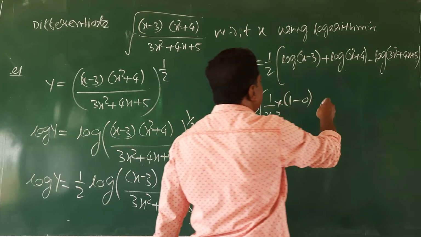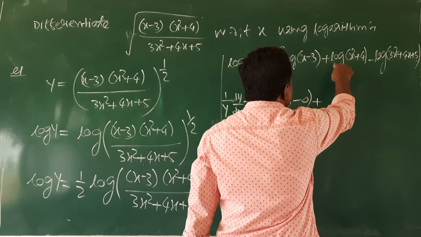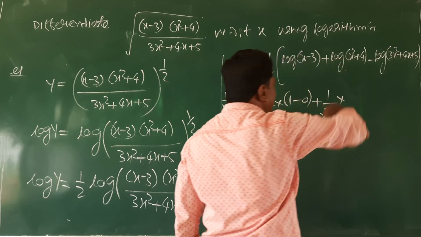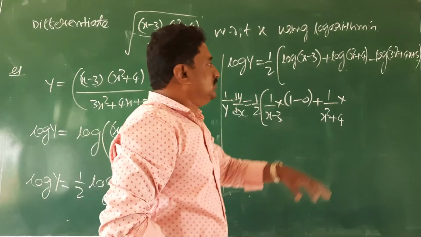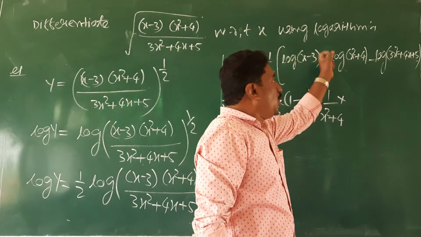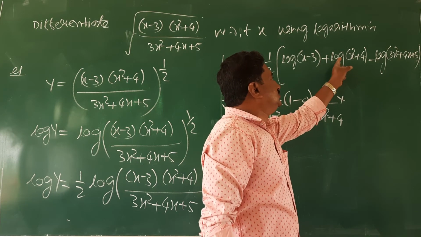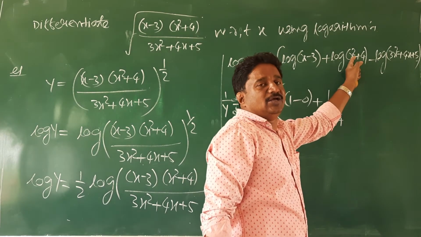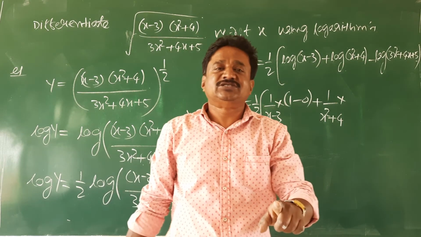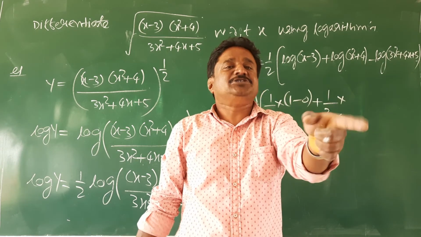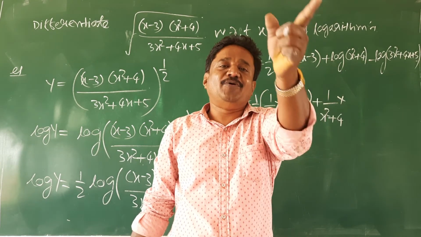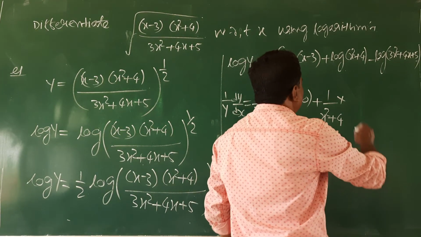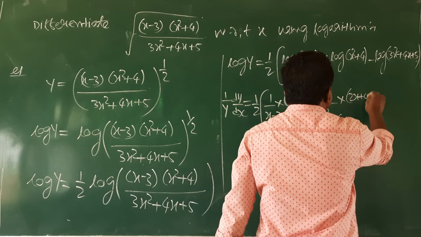Come to the second term, students. Differentiation of log is 1 by x square plus 4, into differentiation of what is inside. Inside we have x square plus 4. How much is differentiation of x square? 2x, using x power n formula: n into x power n minus 1, 2 into x power 2 minus 1, that is 1. So we get 2x plus 0.